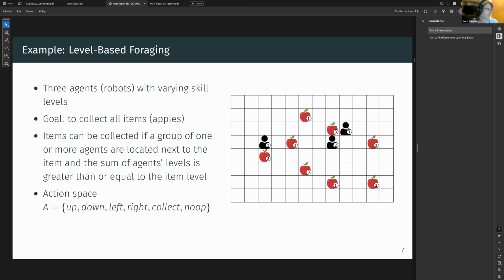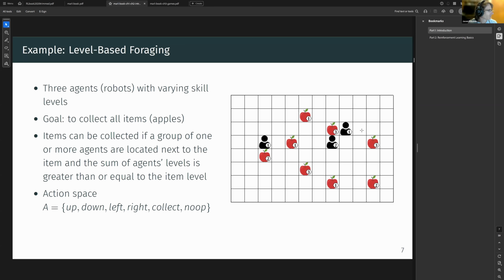This agent has a level of 1, which means that on its own it could collect any of these apples that are labeled 1. But these two agents are next to this apple, which has a 3 label, because they can collect it as a team as long as they are touching it and the sum of their levels is greater than or equal to the apple's.